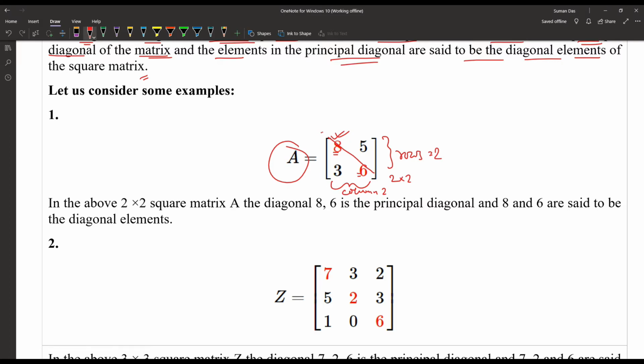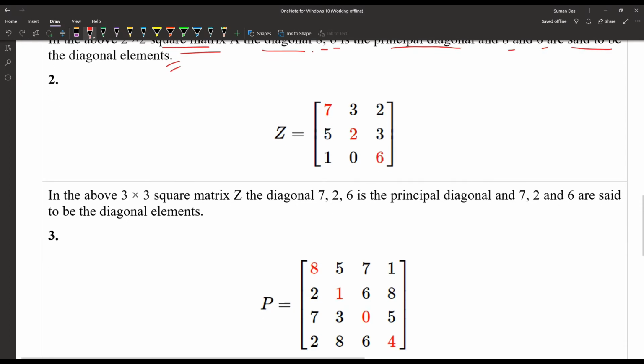In the above 2 cross 2 square matrix A, the diagonal 8 and 6 is the principal diagonal, as we have crossed it out, and 8 and 6 are said to be the diagonal elements. Let's check the second example.